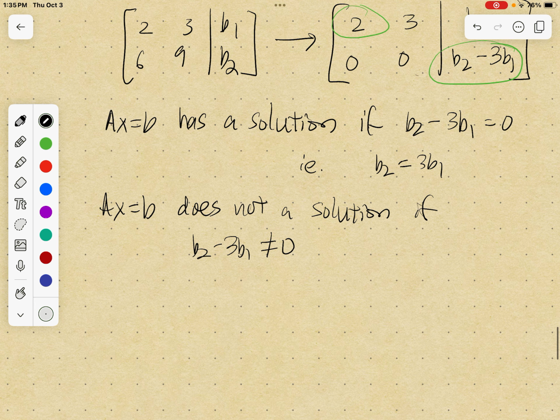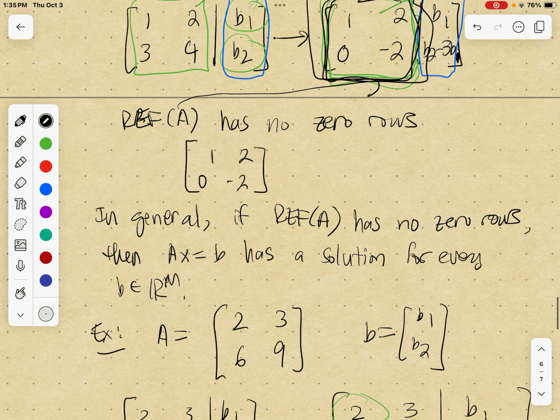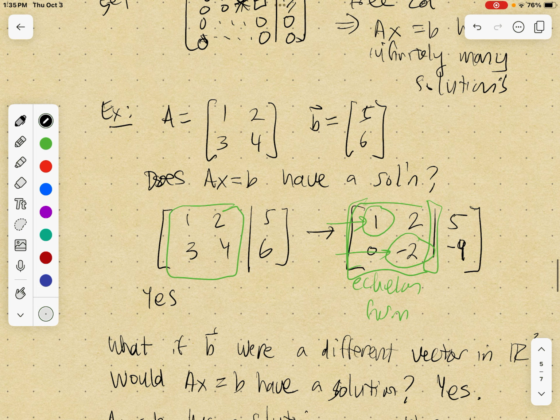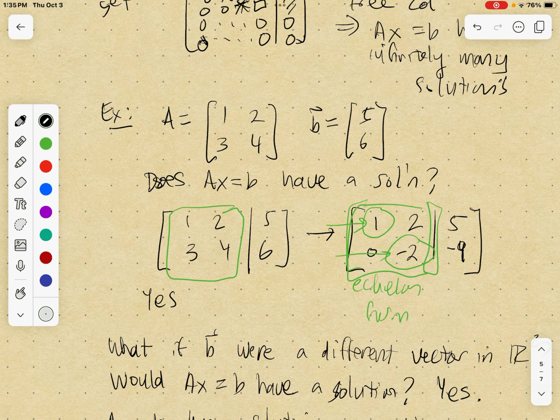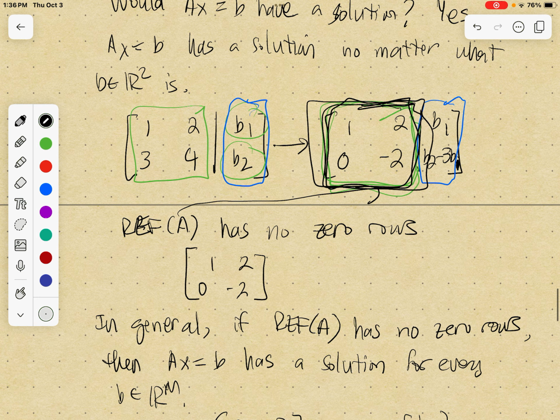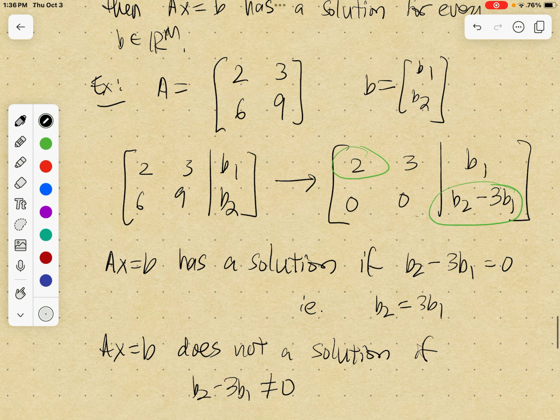Okay, so for this A, whether AX equals B has a solution is going to depend on your B. But in this previous example, for this A, it didn't matter what your B is. AX equals B does have a solution no matter what your B was. So that's the difference between that example and this example.